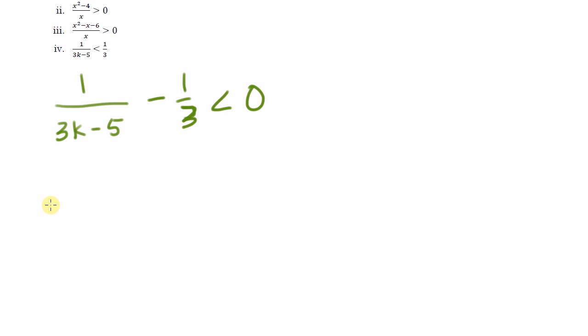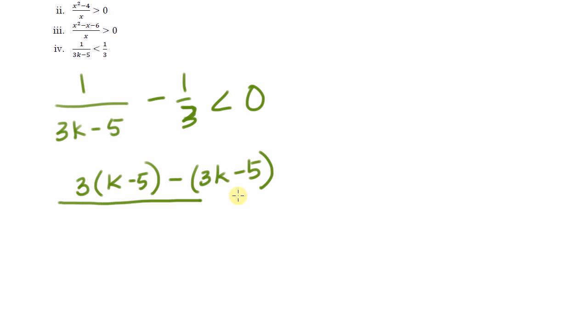So we're going to have 3 times k minus 5 minus 3k minus 5, all over 3 times k minus 5.